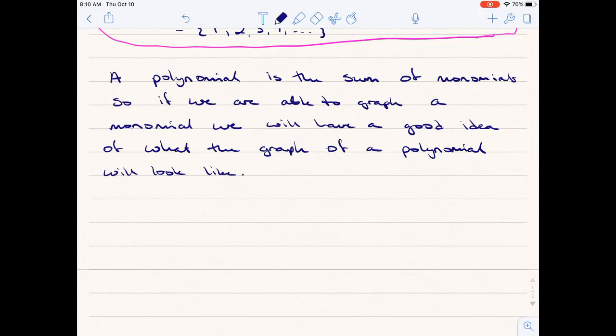The thing about polynomials is, depending on if the power is even or odd, it's going to behave differently.